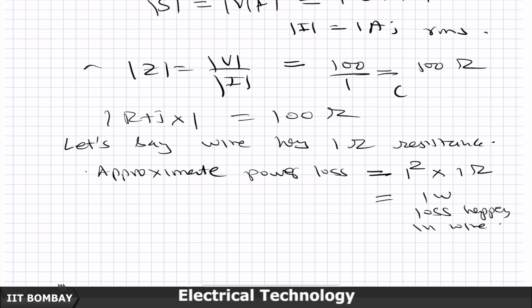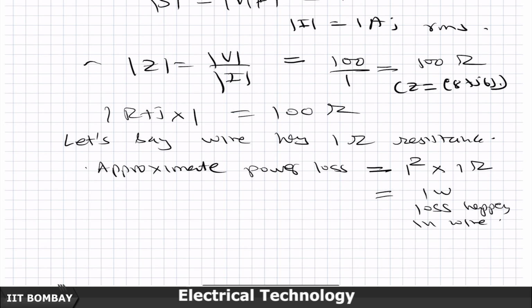You can check it out actually. This Z will be equal to 8 plus j6 ohms. If you just use the fact that the power factor is 0.8, so this Z into e to the power j phi should be the value of the complex number.